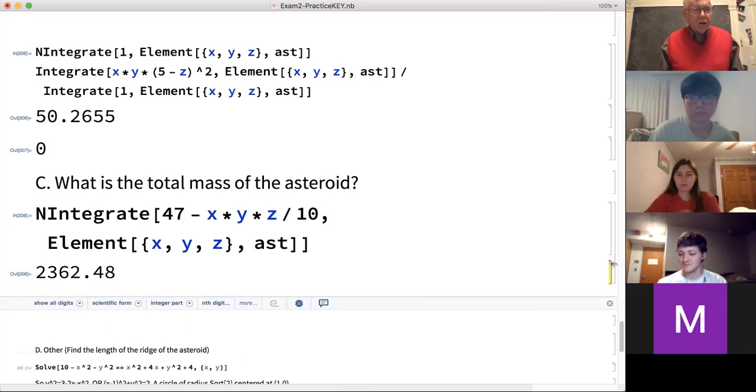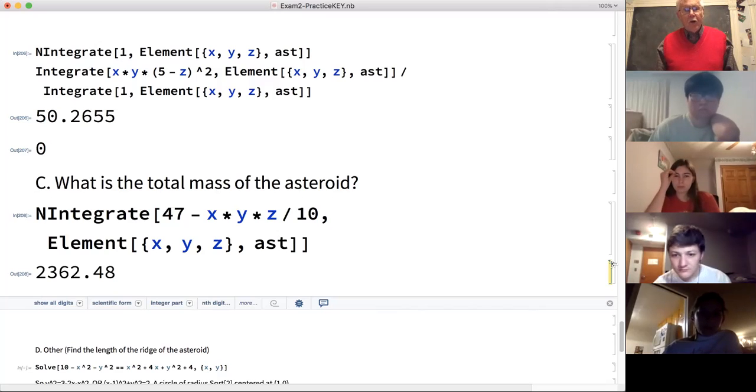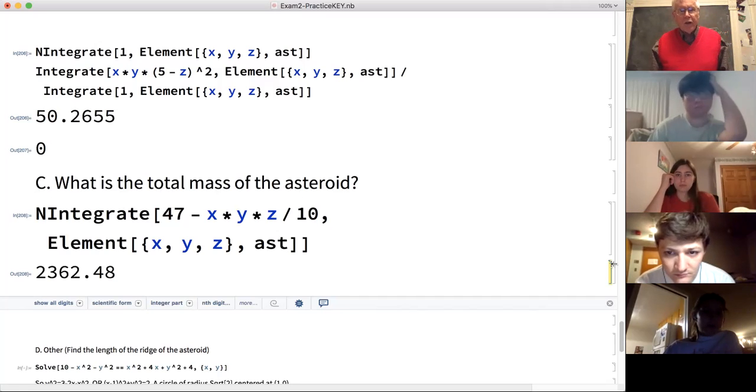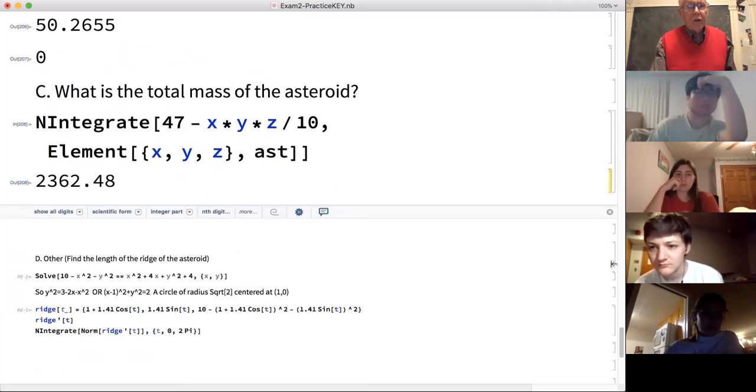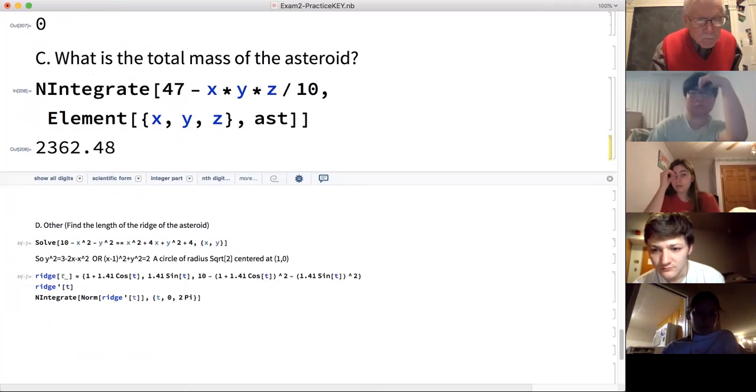Is this Meredith I'm talking to? No. Who was I talking to? Yeah, it's Meredith. So yeah, it's the region of the asteroid that is the key. So I did this because of what was asked. Actually, what is the mass of the asteroid, or what is the average temperature of the asteroid? And the asteroid is in some region, the region it occupies. So that's why we did that.